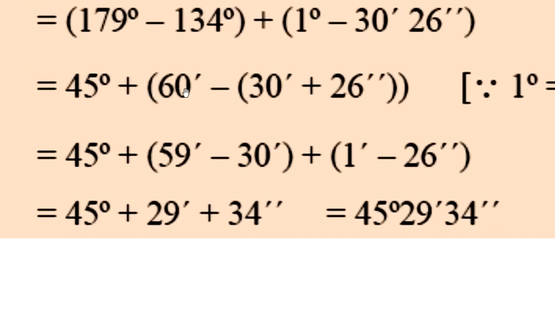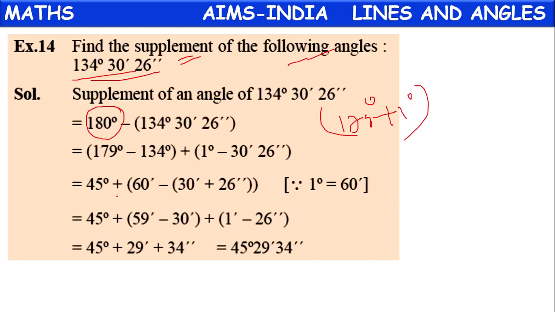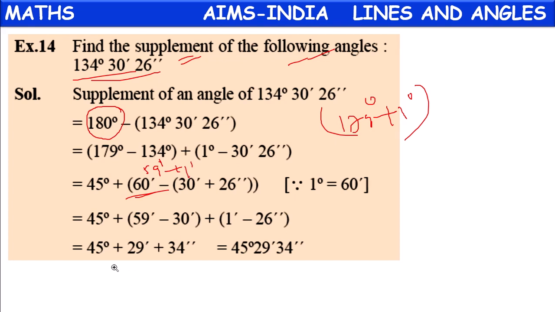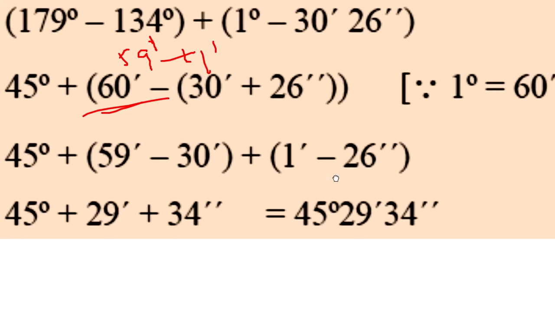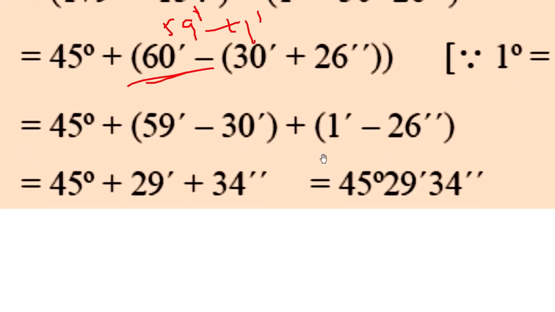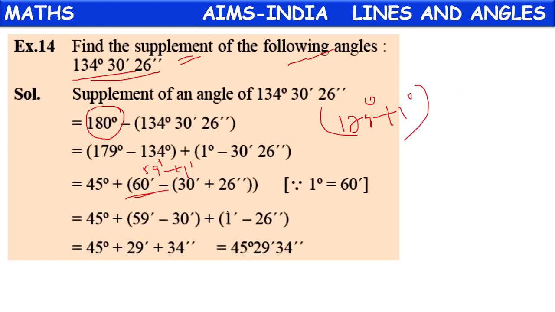Again, this 60 minutes can be written as 59 minutes plus 1 minute. So from 59 we can remove 30 minutes, and from 1 minute we can remove 26 seconds. 1 minute equals 60 seconds.